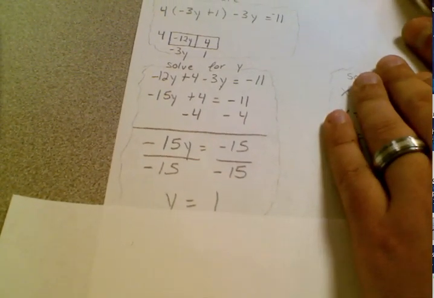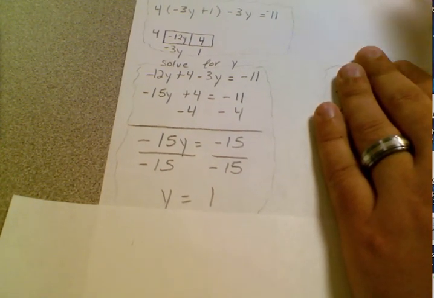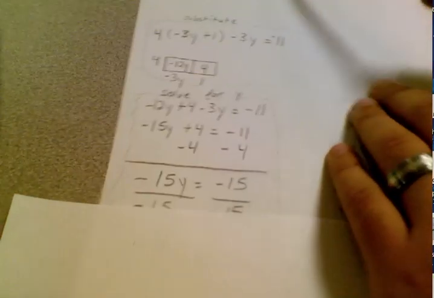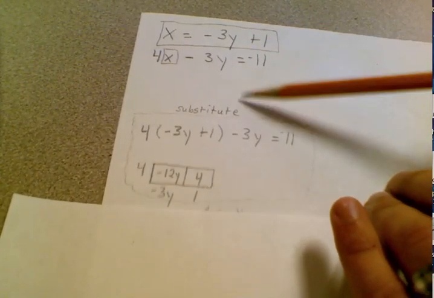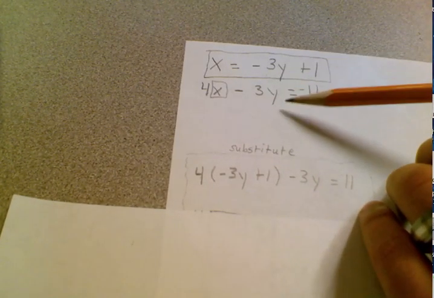So now that I know what y is, I need to solve for x. Remember, I want to find the point of intersection. All right? And so now I can pick either one of the equations up top here, and I'm going to substitute 1 in for y, either in the top equation or the bottom one. Again, it does not matter.